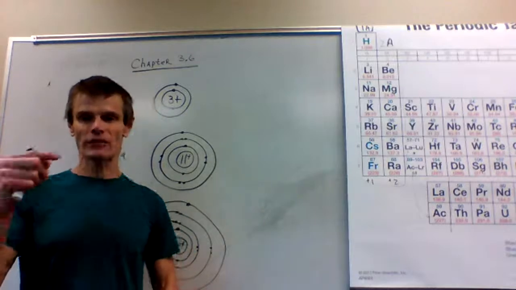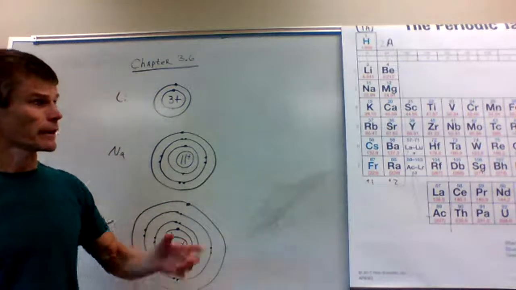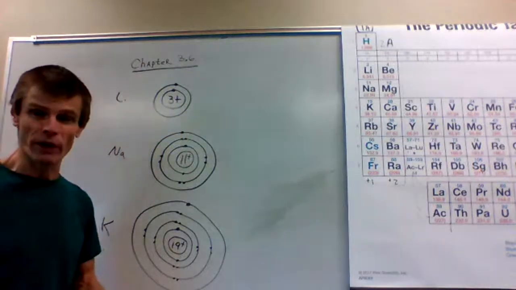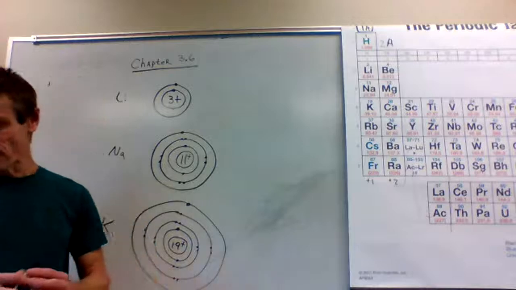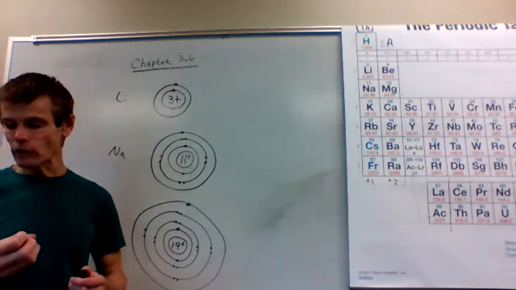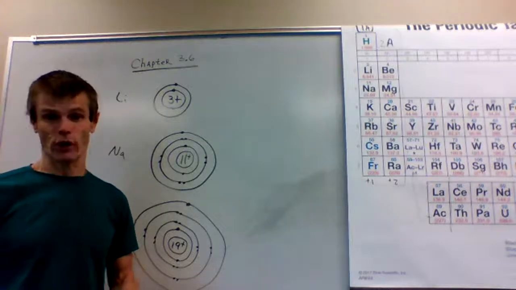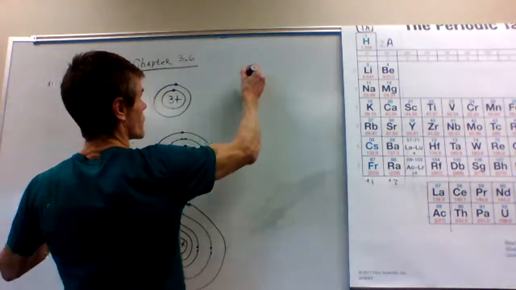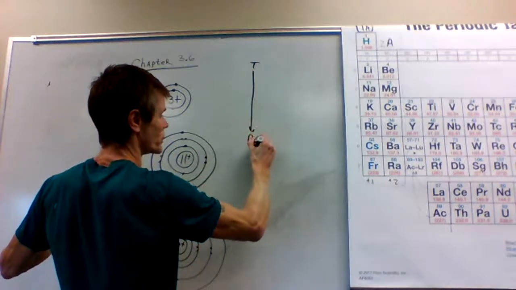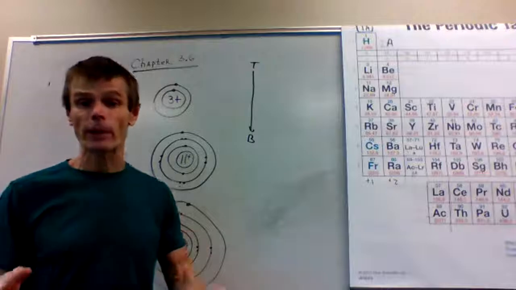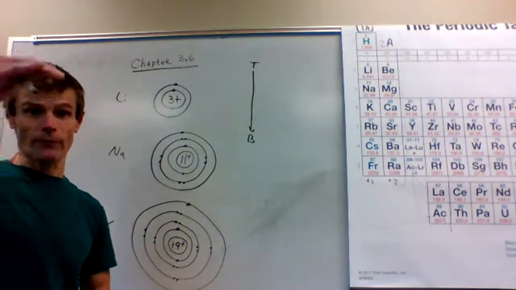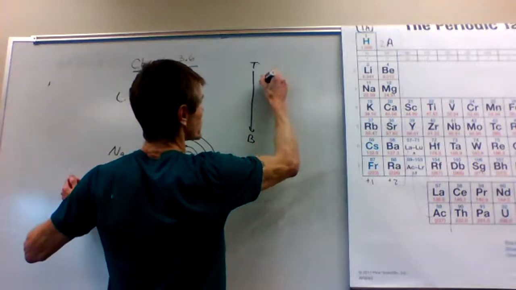They're not quite as effective at shielding as we get for going across a period. So from top to bottom down a group, we get a gradual increase in effective nuclear charge. We actually have experimental evidence that there is a gradual increase in effective nuclear charge going from top to bottom.